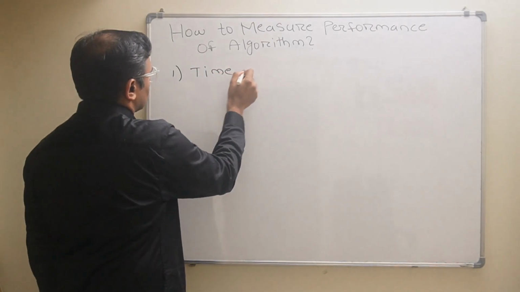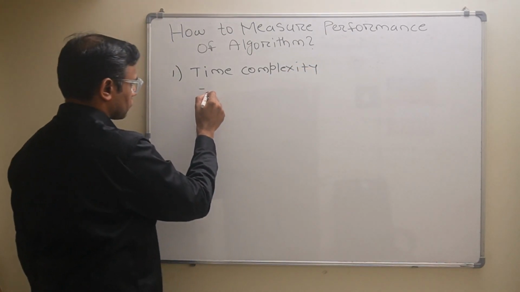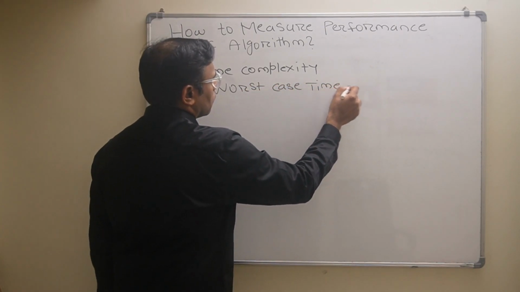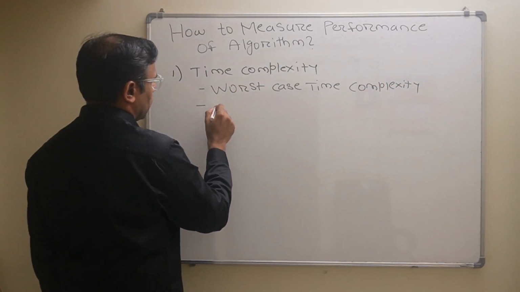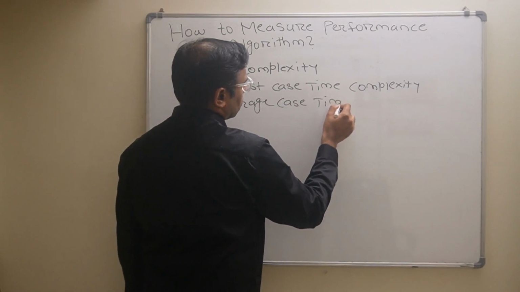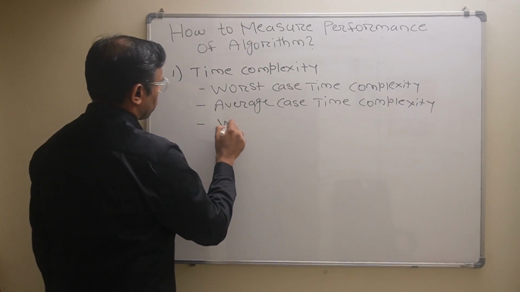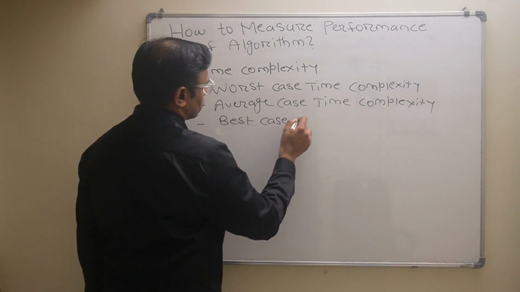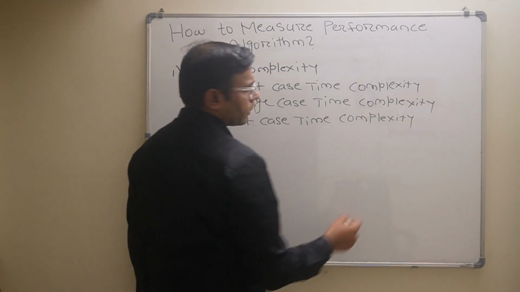The first type is worst case time complexity, then average case time complexity, and then best case time complexity. So these are the three ways to determine time complexity.